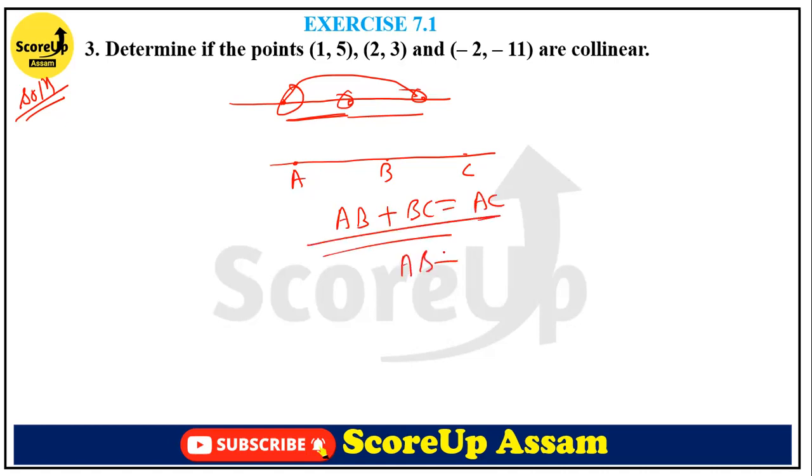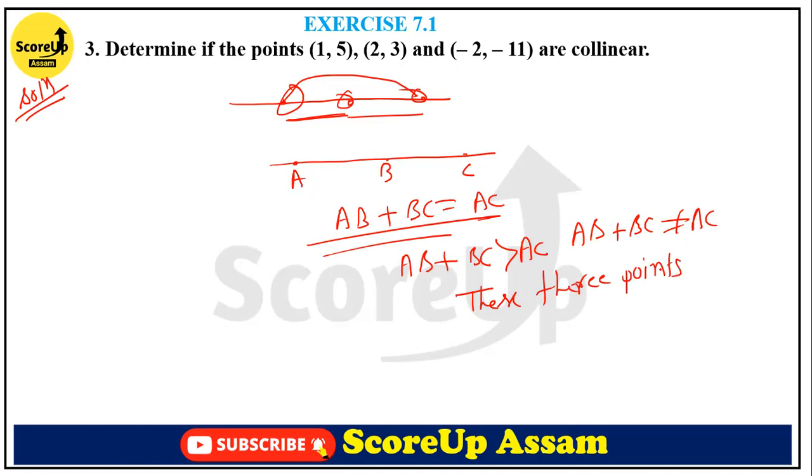But if AB plus BC is not equal to AC, that means these 3 points are not collinear.